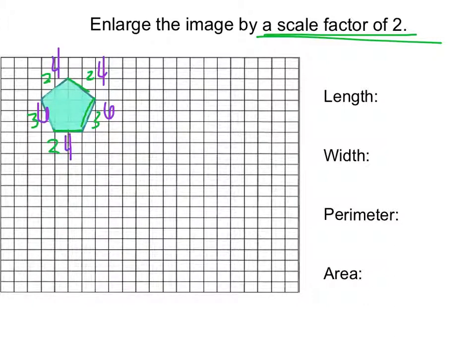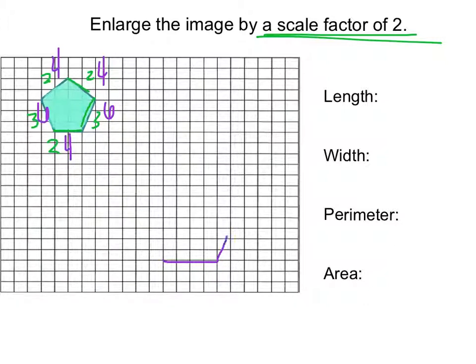So we'll have to recopy the image using our new scale. So our base is going to be 4 across, and then our sides will be 6.